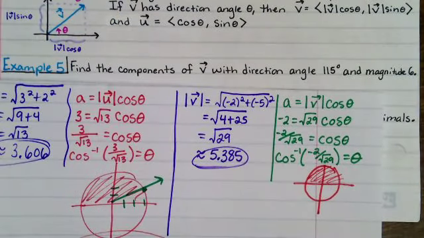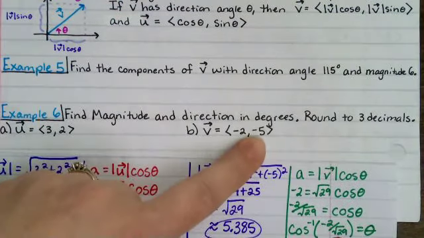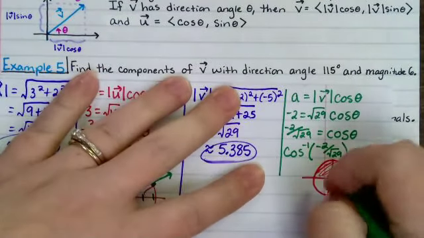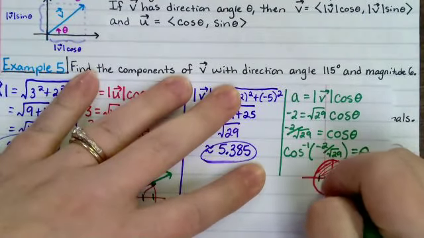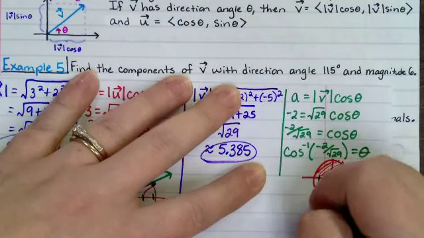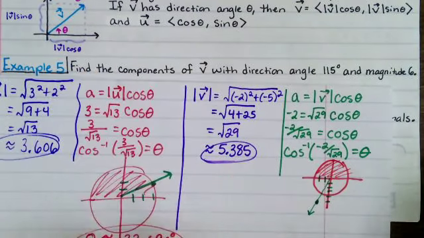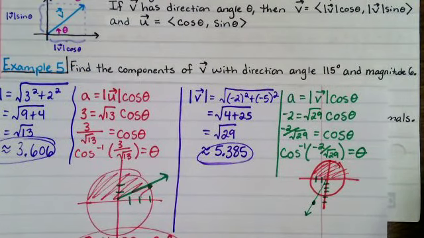But look at where this angle is. This vector is supposed to be at negative 2, negative 5. So if I go negative 2, negative 1, 2, 3, 4, 5, I'm looking at down in here, which is not really what we're calculating with cosine inverse.